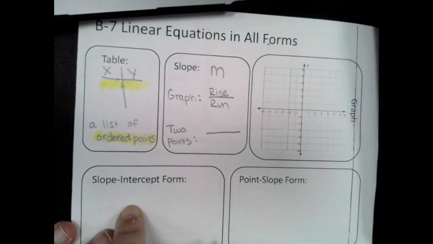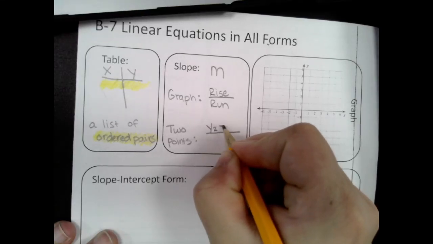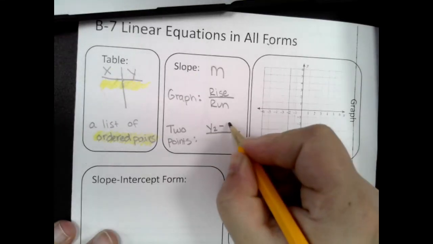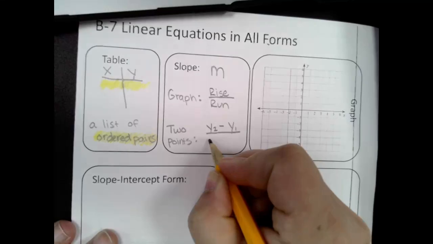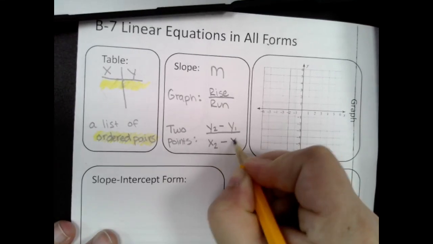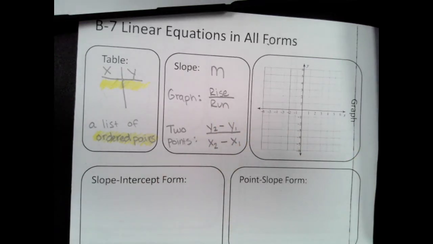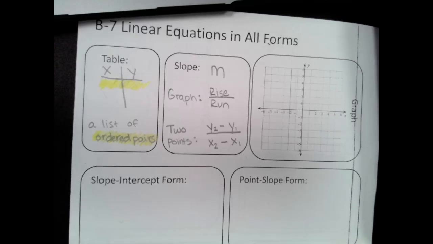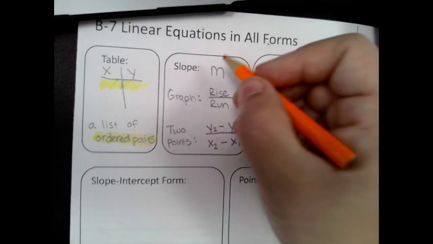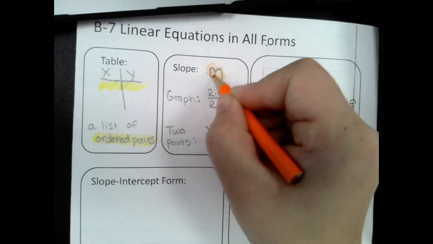This one, it's y2 minus y1 over x2 minus x1. That one we haven't talked about in a little while, so it's a good review for us. This is a good review lesson just to remember everything. Anytime I see slope today, I'm going to use orange. So for me, slope will be orange.